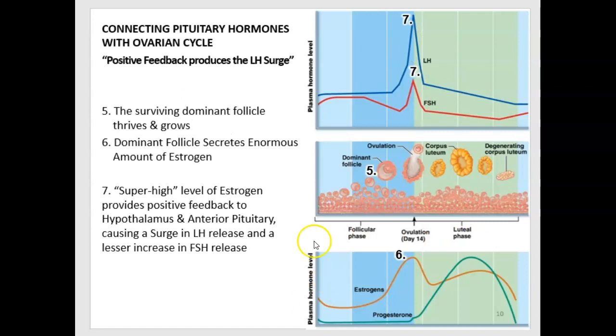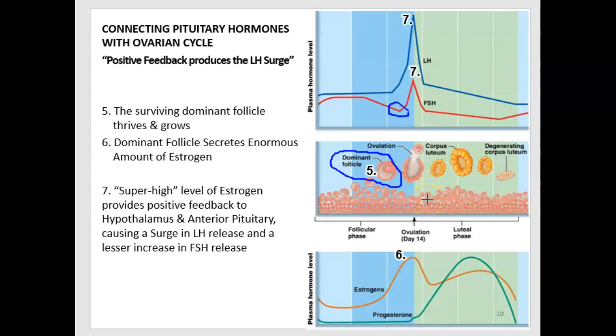Now what happens is something referred to as the positive feedback system, where we produce high levels of FSH and LH. But let's start where we were. We were at the dominant follicle. It was super sensitive to this low FSH level. It continues to thrive and grow.